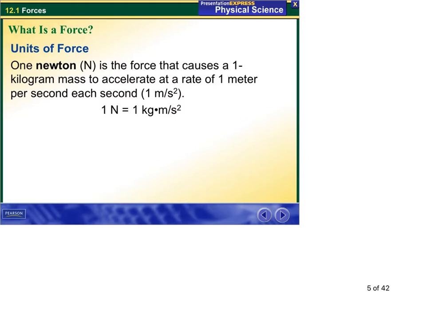Our unit for force is the Newton. By definition, it is the force that causes a 1 kilogram mass to accelerate at 1 meter per second squared. When we write it out, it's kilogram meters per second squared.